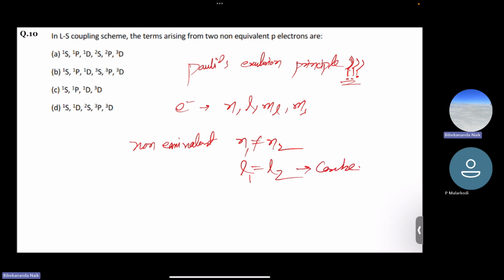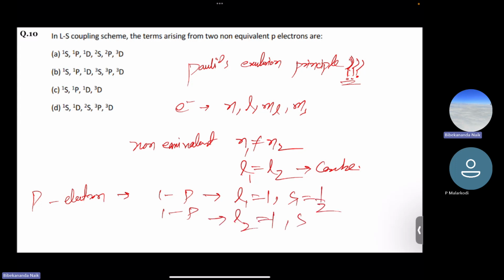So in that case, for p electrons, one electron is p and another is also p. So l1 is 1 and s1 is half. Similarly, l2 is 1, s2 is half. So when s1 is half and s2 is half, then S will be from mod s1 plus s2 down to mod s1 minus s2.